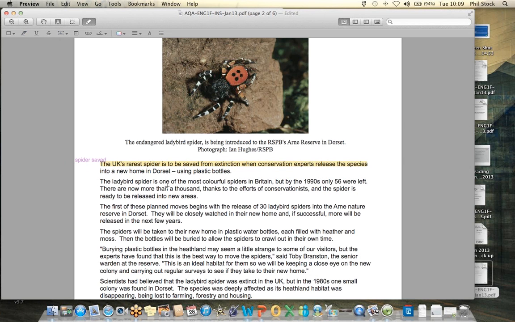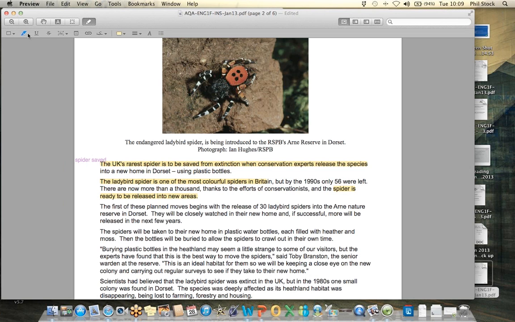The ladybird spider is one of the most colourful spiders in Britain. But by the 1990s, only 56 were left. There are now more than 1,000, thanks to the efforts of conservationists and the spiders being ready to be released into new areas. So this is about the nature of the spider being colourful and about the plans to release that spider into new areas.